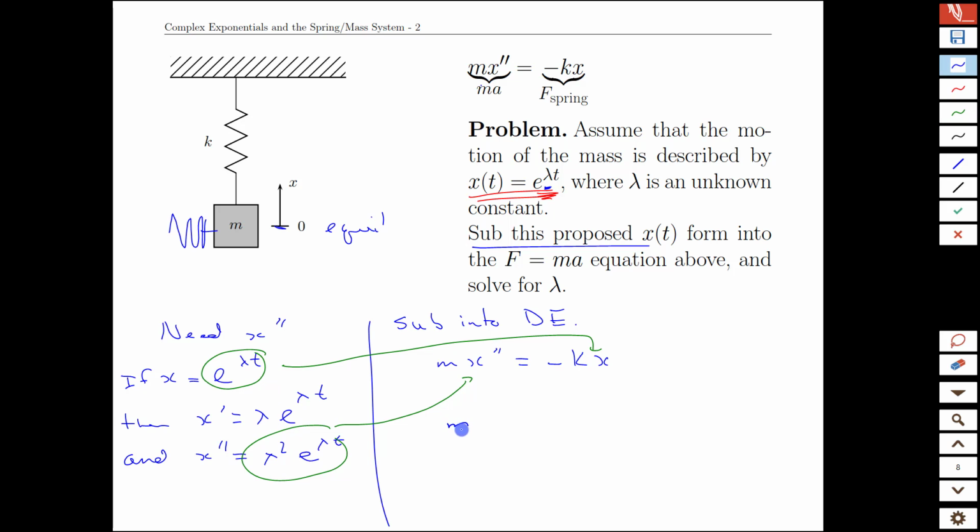So we're going to have m lambda squared e to the lambda t must equal negative k e to the lambda t. Perfect. Now, one of the things we can do is divide immediately through by e to the lambda t, because exponentials are never equal to 0. And so what we end up with is lambda squared equals negative k over m.